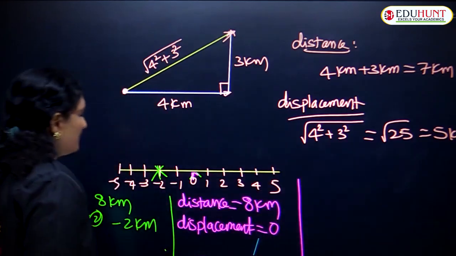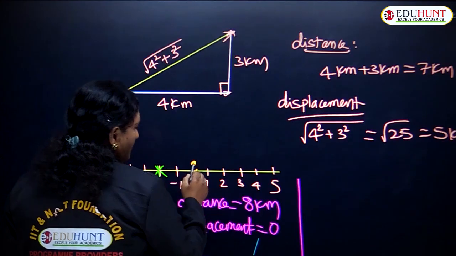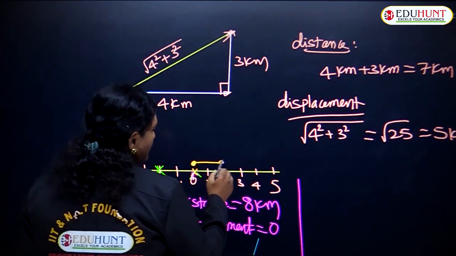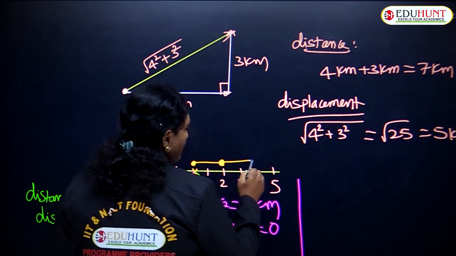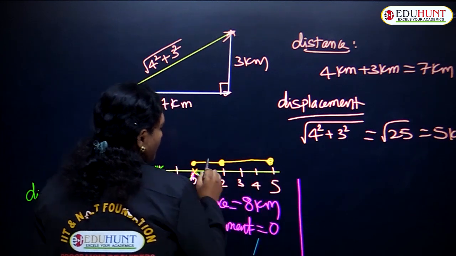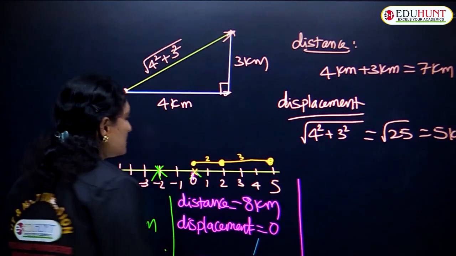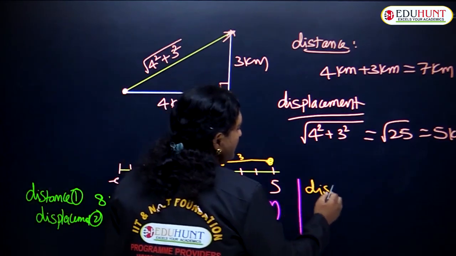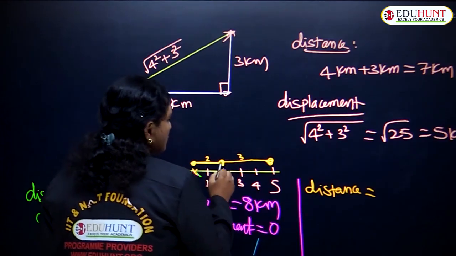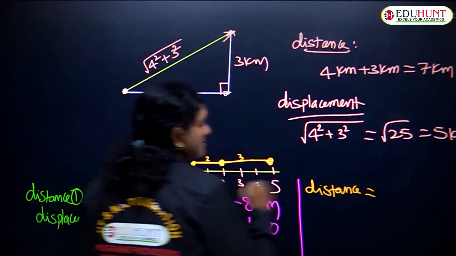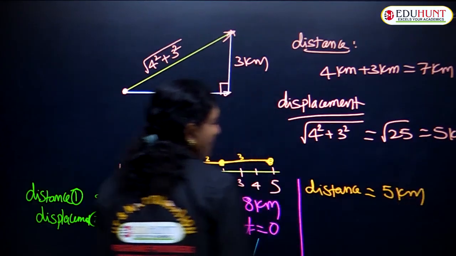Let us suppose that a person has traveled initially a distance of 2 kilometers and again from there 3 kilometers. Then what is the distance traveled in the third case, children? Distance equals the total path length. Here 2 kilometers and here 3 kilometers. Totally how many kilometers? 2 plus 3 is 5 kilometers.